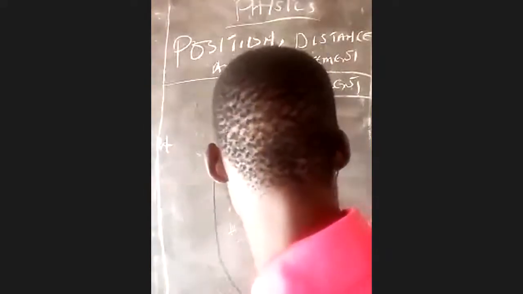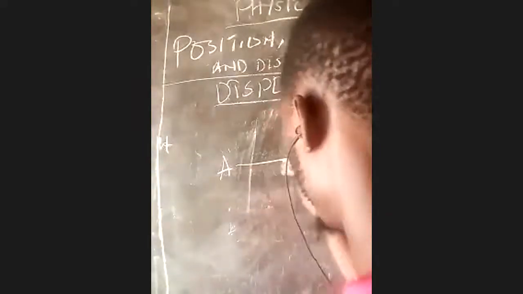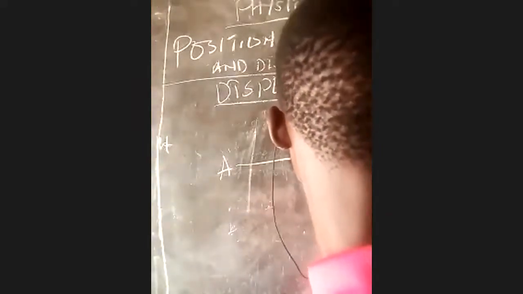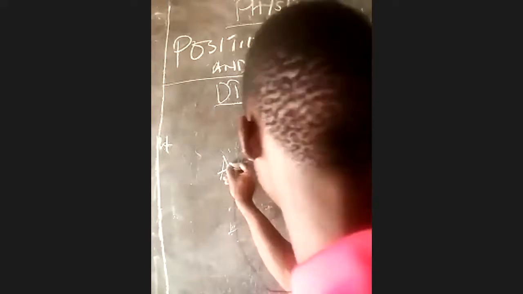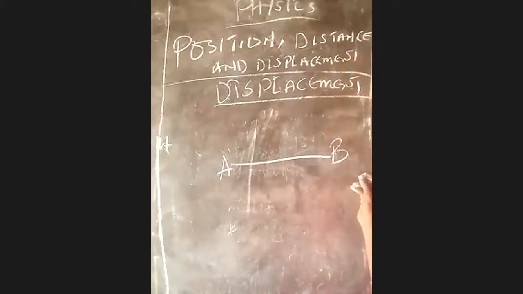So let me just draw a line. An object A travels from the west to east at point B here, in a specified direction. So this is a displacement. Displacement is defined as distance traveled in a specified direction.